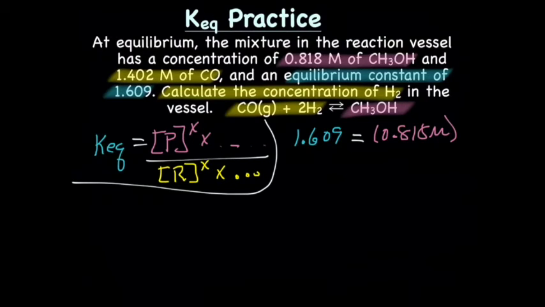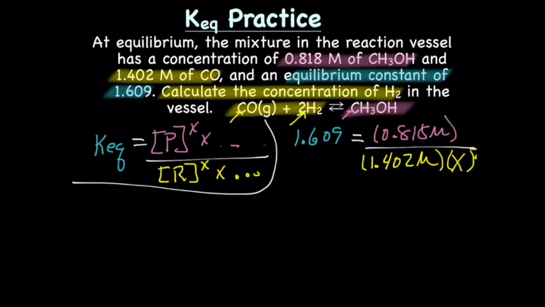And let's see, no coefficient there, so no power, divided by the concentration of our reactants. So we have 1.402 molar. No superscript, again, because there's no coefficient. And then calculate the concentration of H2, so that's going to be our X. But this guy has a coefficient, so he's going to be X squared.